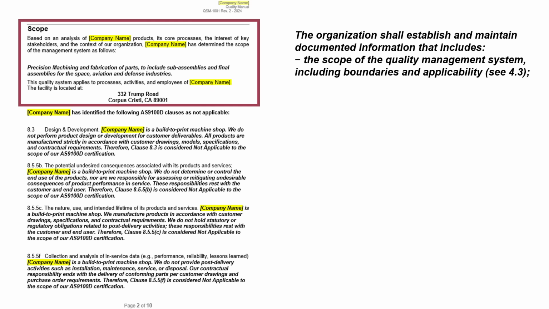By doing that, you've complied with the clause in the upper right-hand corner where it says the organization shall establish and maintain documented information that includes the scope of the quality management system, including boundaries and applicability. Reference clause 4.3. By doing that, this first part of the quality manual in terms of the scope is compliant.